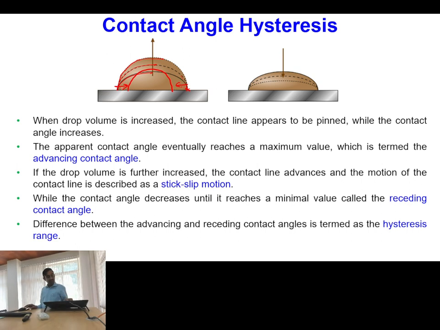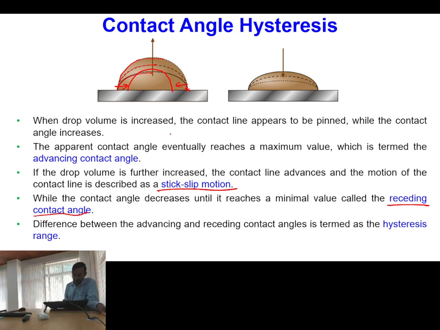The least angle achieved by the droplet during this process is called the receding contact angle, because the contact line is coming inward, which is called receding motion. The droplet is initially stuck to one position; when it reaches the minimum contact angle, it immediately slips, occupies a new position and sticks there. This type of motion is called stick-slip motion.